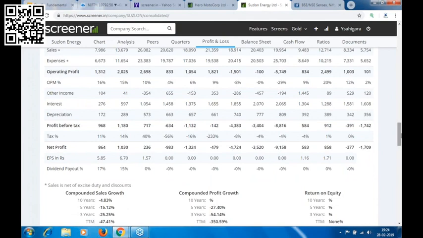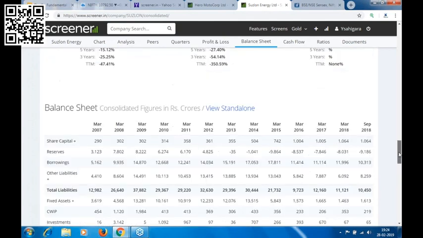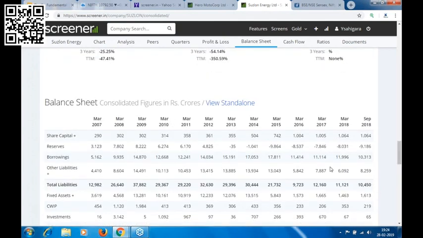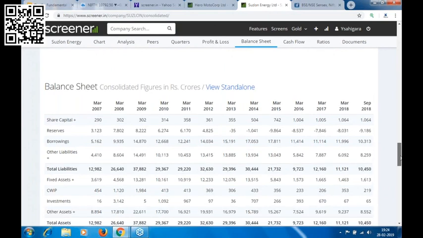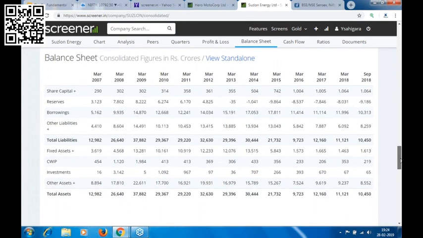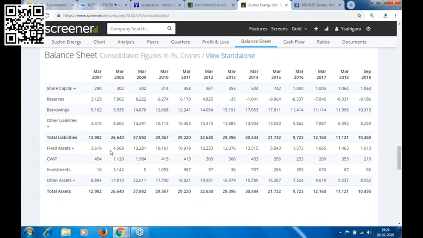The company's profit is in minus, plus you can see the debt that this company has got is around 10,313. Fixed assets of the company have gone down. It was 3619. That means the company has sold off their fixed assets as well.